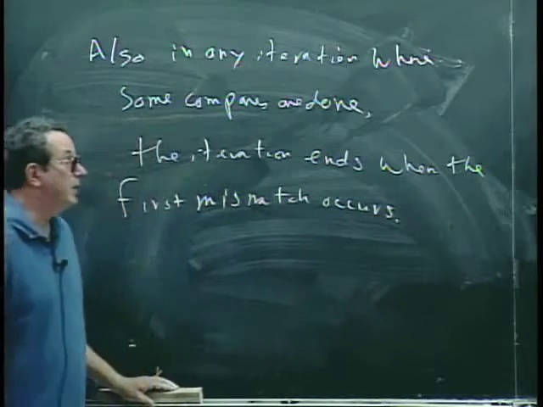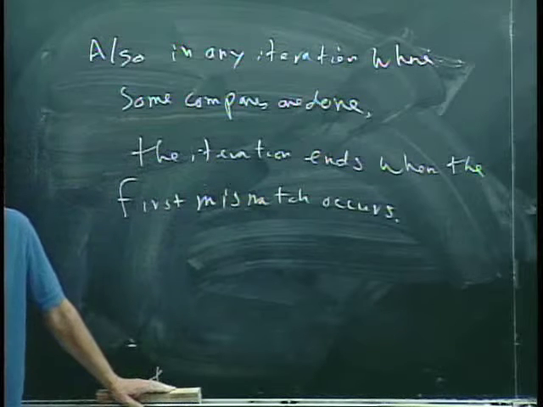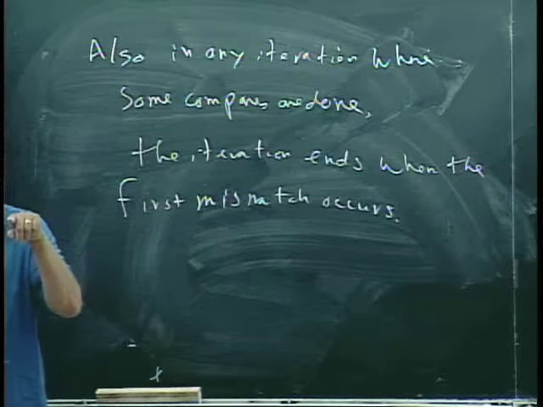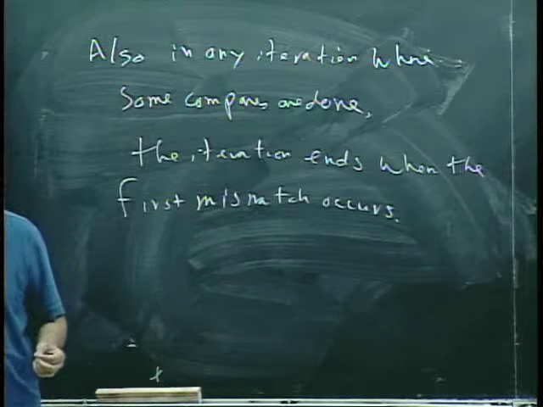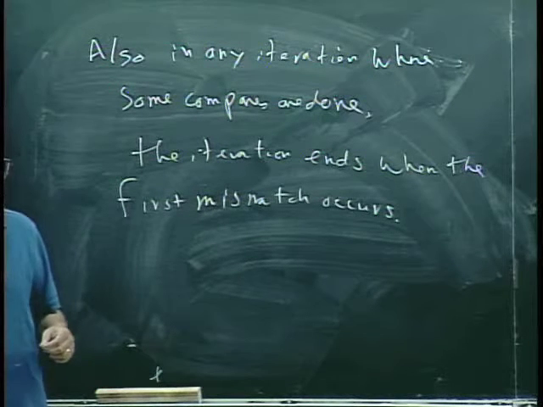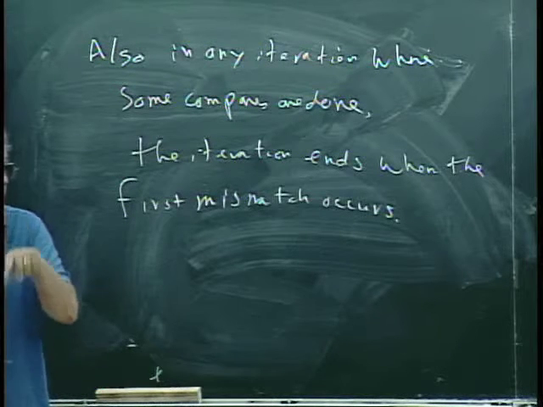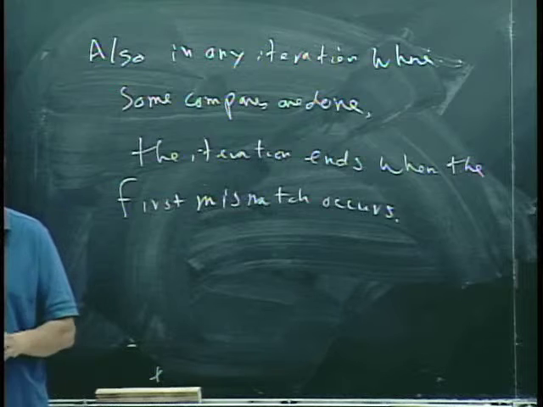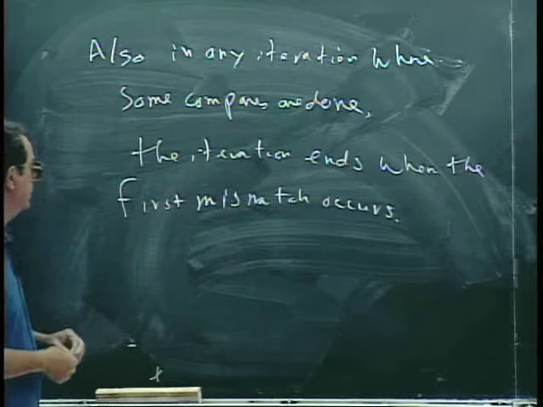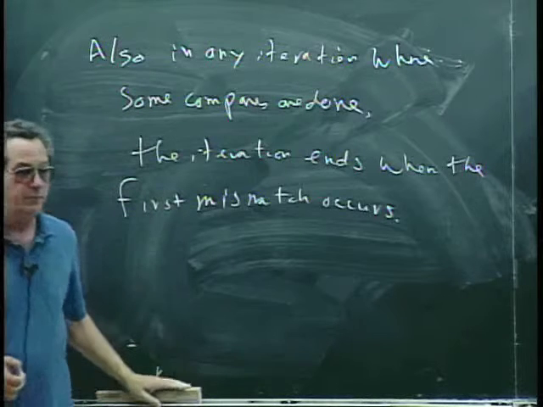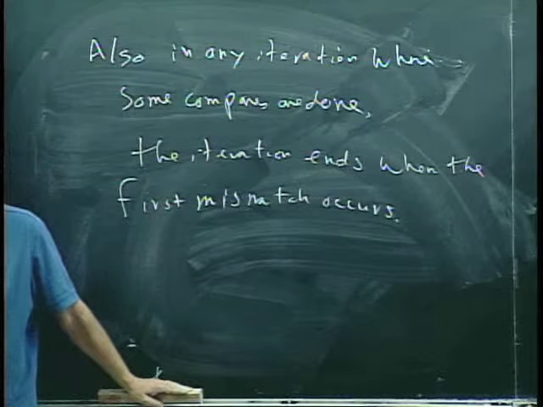Okay? The character comparisons are done in case 1, and you're doing the explicit comparisons, and as soon as there's a mismatch, the iteration ends. Or they're done in case 2C, and again, you're doing explicit comparisons, and the first time there's a mismatch, the iteration ends. So each iteration has at most one mismatch.